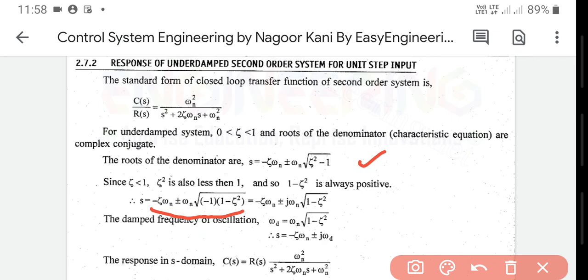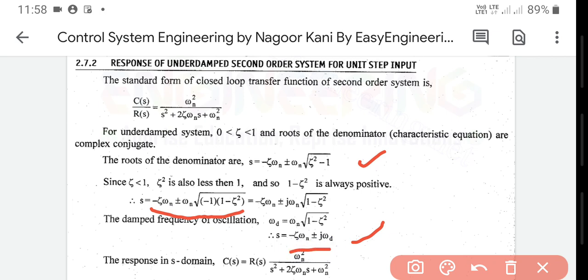Considering omega n into square root of 1 minus zeta square as omega d, this is called the damped frequency of oscillation. So finally you have framed the roots in this form: S is equal to minus zeta omega n plus or minus j omega d. Those are the roots for the underdamped second order system. One root is minus zeta omega n plus j omega d, and the other root is minus zeta omega n minus j omega d.